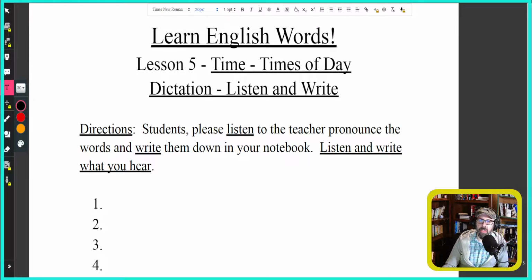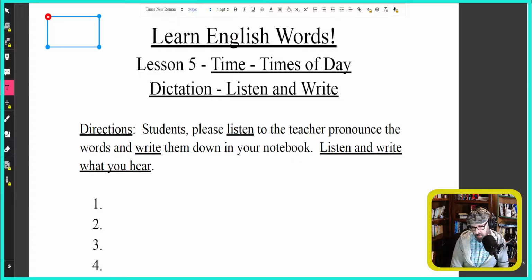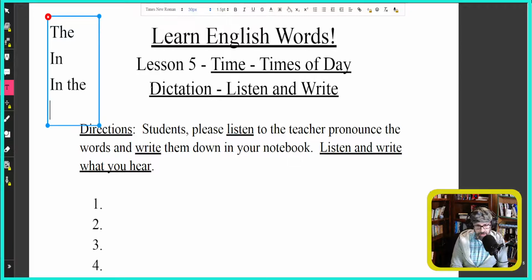Keep in mind on the dictation page, sometimes I might say the, sometimes I might say in, sometimes I might say in the, sometimes I might say at, so I might use some extra words when we do dictation, okay?